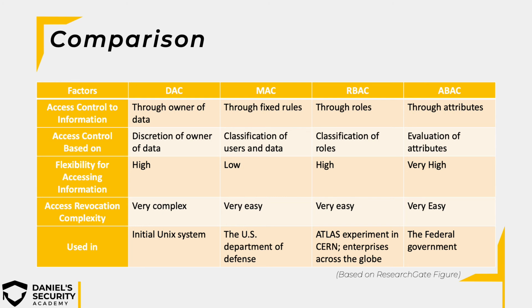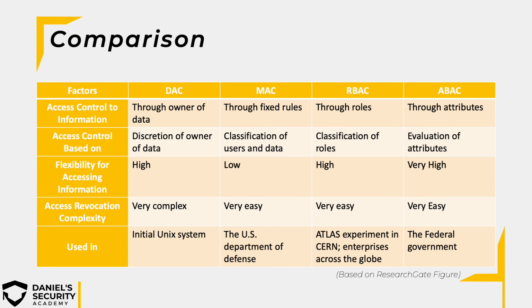How is the access revocation complexity? This is, I think, one of the most interesting rows here, as the access revocation complexity is very complex for discretionary access control, because only the creator is the owner and has full rights. So it's complex to revoke access from the creator of a file.